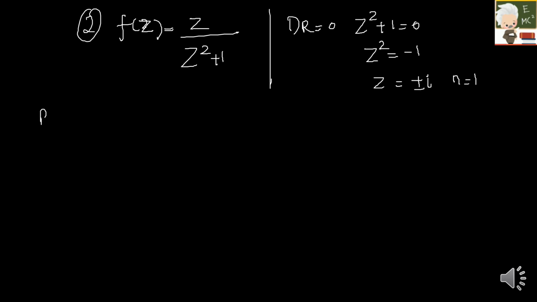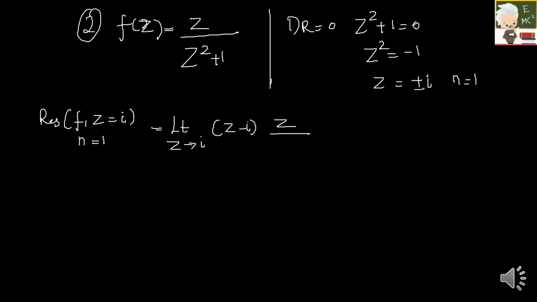So first, residue of f comma z is equal to plus i. I am taking n is equal to 1. I am just directly doing it. So limit z tends to i of (z minus i) whole power 1 only and then into f of z, which is z by (z square plus 1), right? So I am splitting this and writing it as (z plus i) into (z minus i).